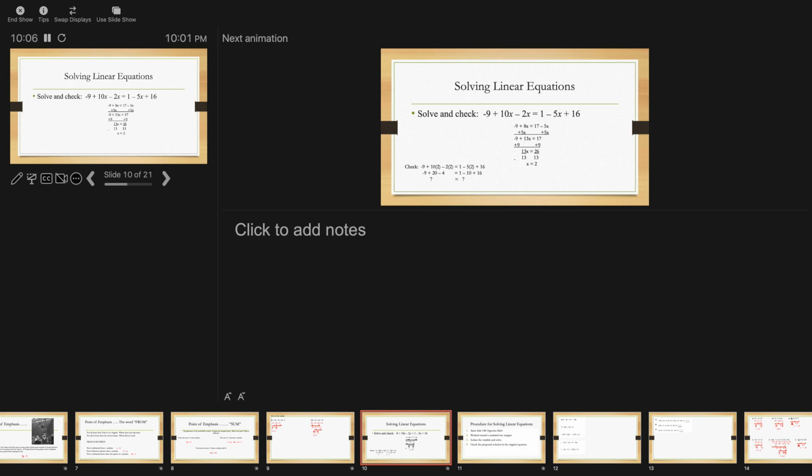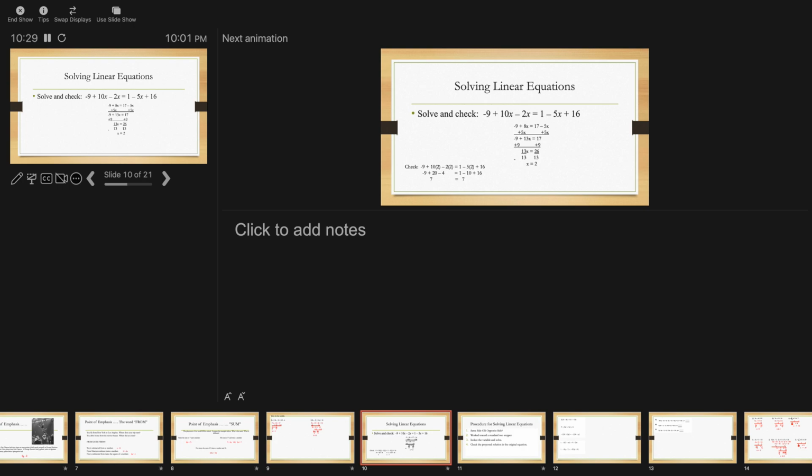The right side, the 1 and the 16 can be combined, same side. That's 17 minus 5x. Always, always, always start with the smallest number of x's. Add 5x to both sides. Negative 9 plus 13x is 17. Add the 9 to both sides. 13x is 26. Dividing by 13, x is 2.